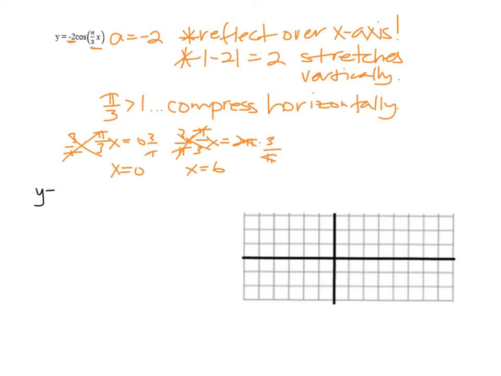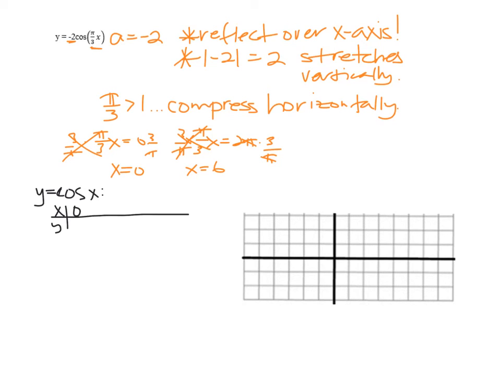Now let's take a look at our parent function. Y equals cosine x. I hope by now you can write this out just super fast. You have these memorized. We have 0. Oh, hang on. We're going to do our approximates, aren't we? Because we go from 0 to 6 for our new graph. So instead of 0 and pi over 2, well, 0 is fine.